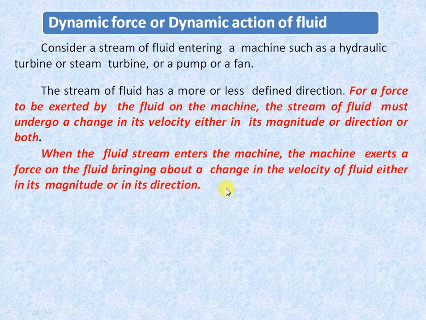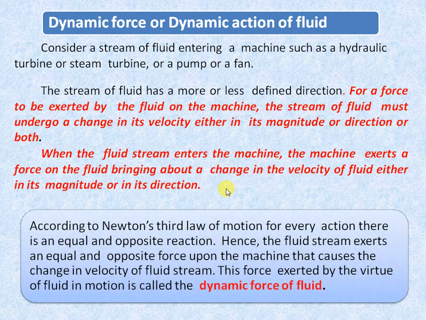And Newton's third law states that for every action there is an equal and opposite reaction. Hence the fluid stream exerts an equal and opposite force upon the machine that causes the change in velocity of the fluid stream, and this force exerted by virtue of fluid in motion is called the dynamic force of fluid.